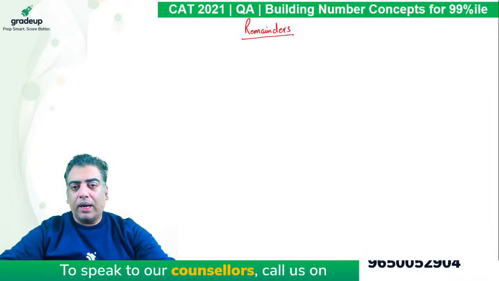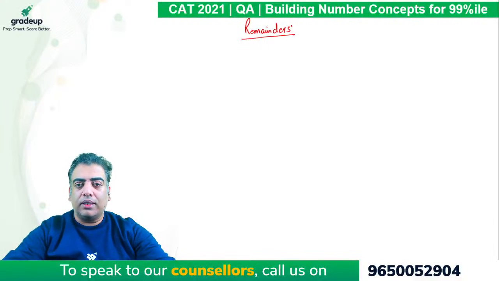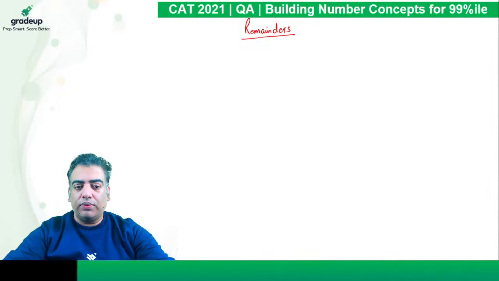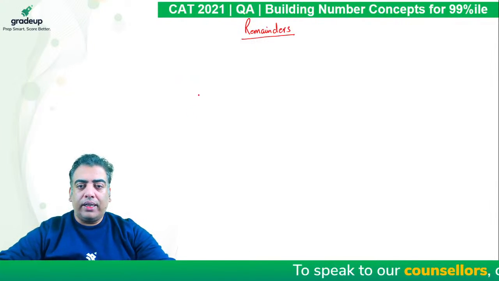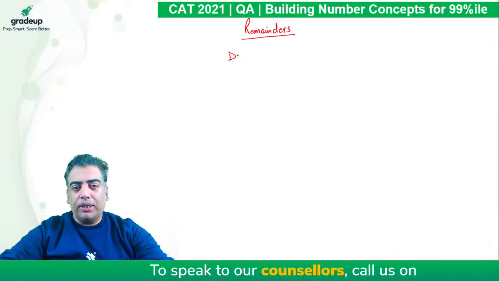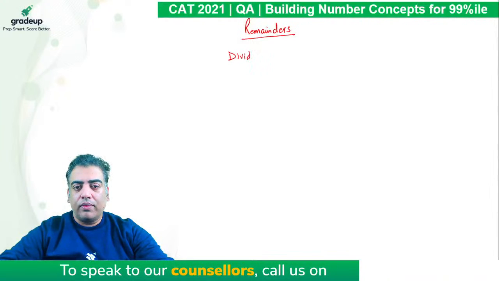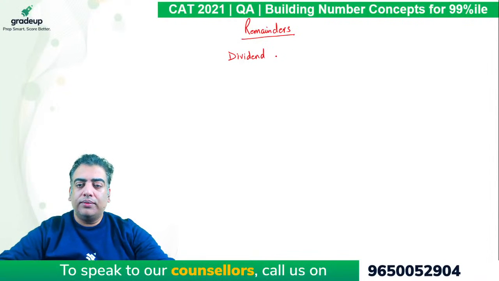So we have covered a bit of this in the class of divisibility rules. And the concept of remainders is just the extension of the same, right? So when it comes to any number which is getting divided is called dividend. The number by which we are dividing is called divisor.